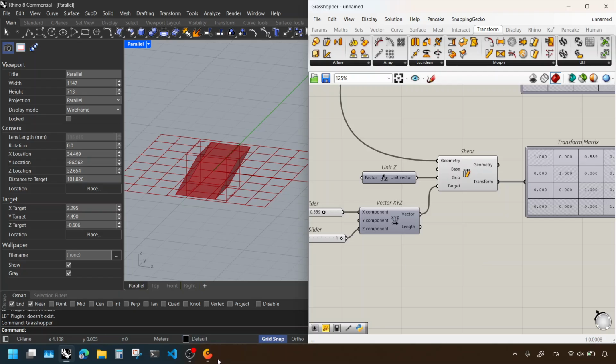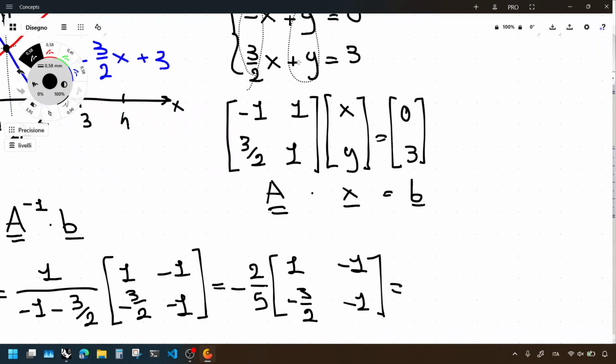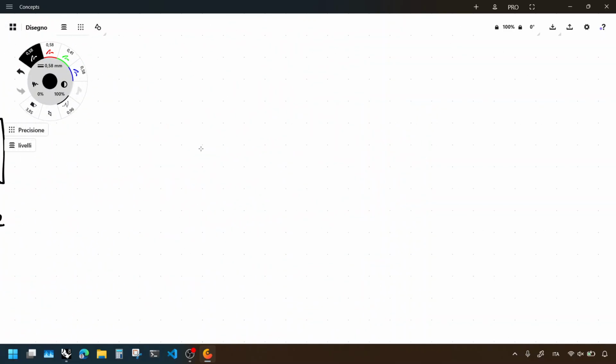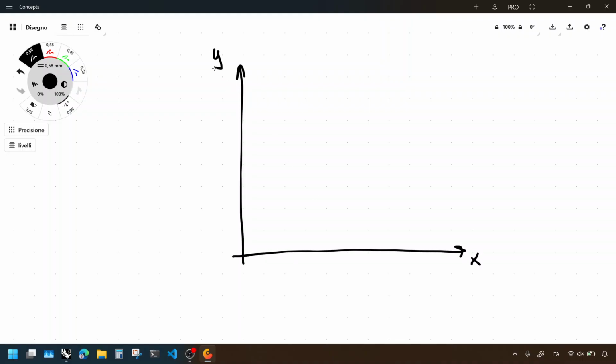So let's go back to the whiteboard just for a second. Okay, so let's say we have a vector. Let's draw the axes like this, x-axis and y-axis. Let's draw a second set of axes, like this, so y first and x first.